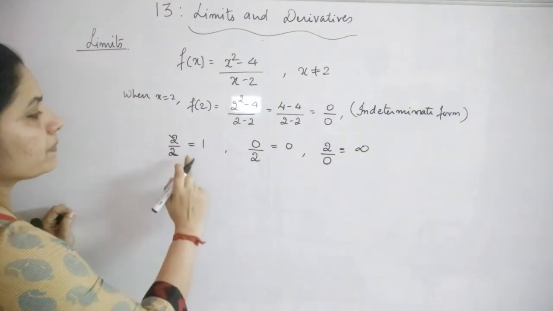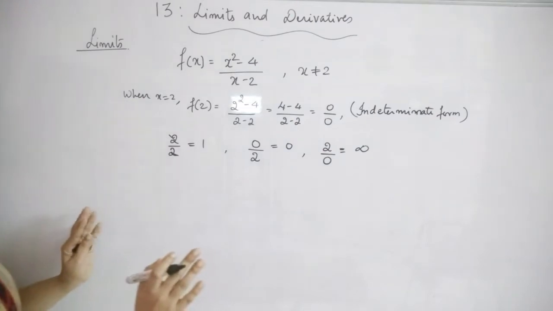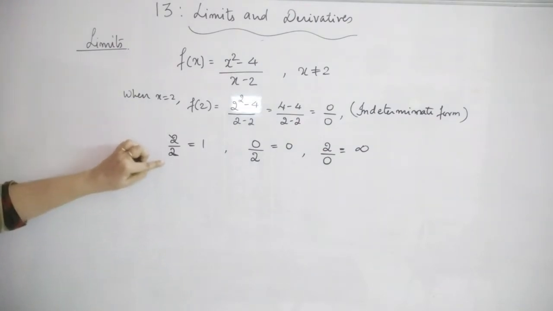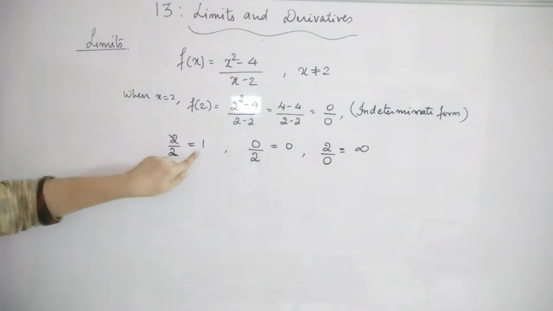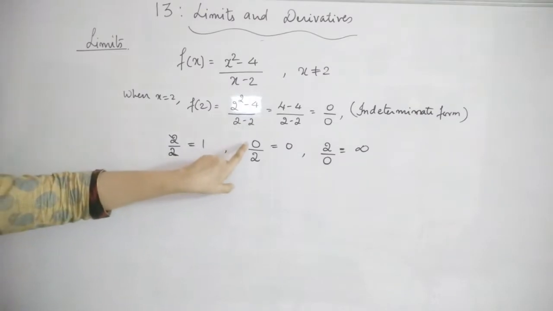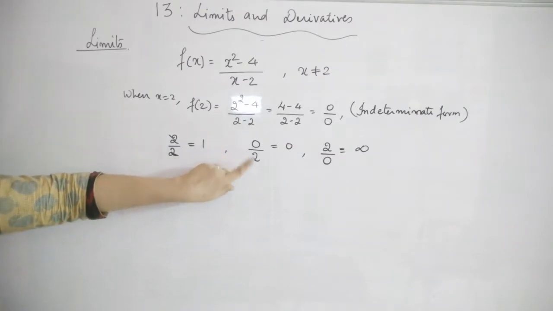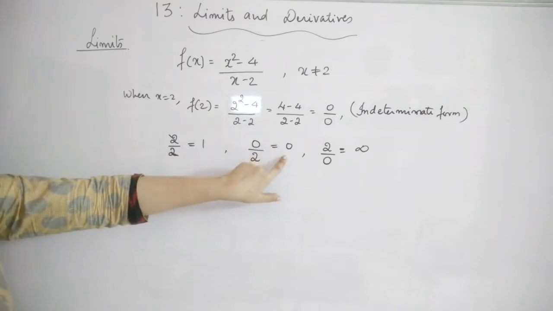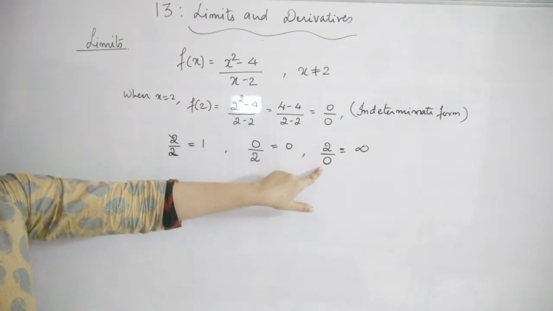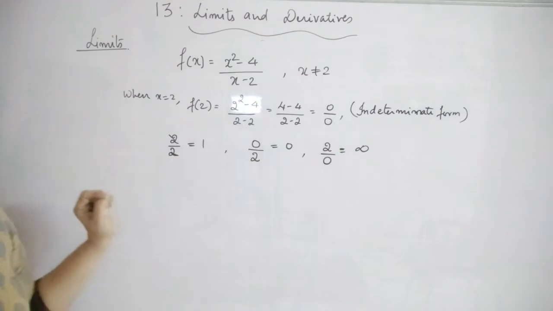So these concepts are clear: if the numerator and denominator are equal, the value will be 1. If the numerator is 0, whatever be in the denominator you will get 0, and if the denominator is 0, whatever be in the numerator you will get infinity.